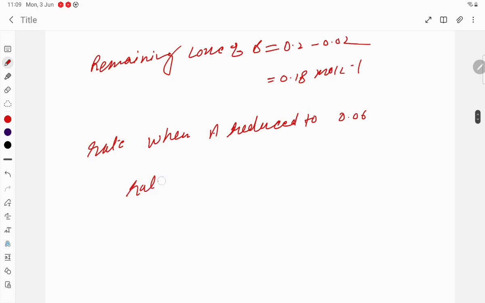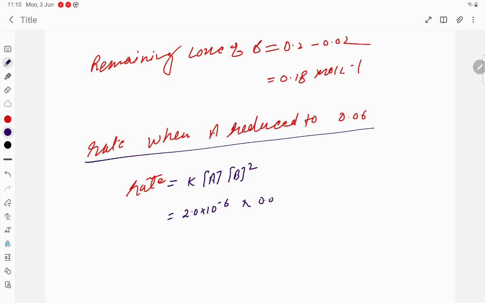So rate is equal to k, here will be A and here is B square. So the k value is 2.0 × 10^-6, the A value when A is reduced to 0.06, multiplied by the remaining concentration of B. So B square is here 0.18 multiplied by 0.18.